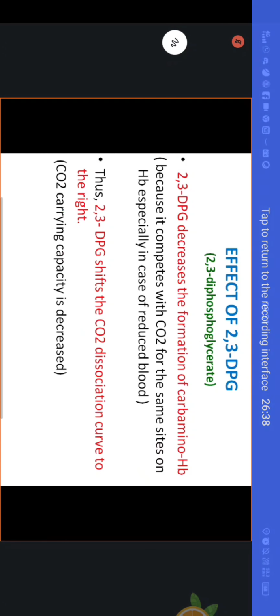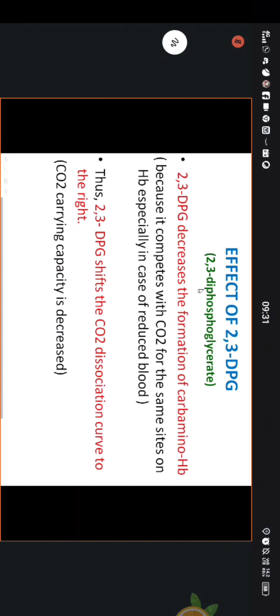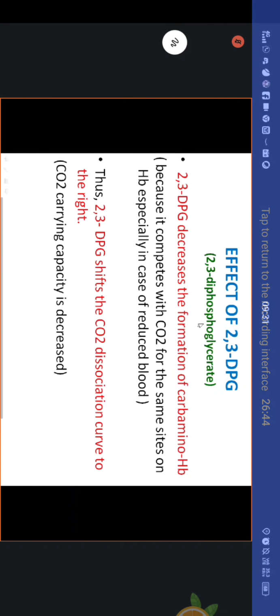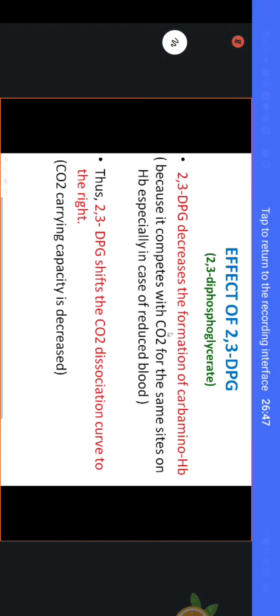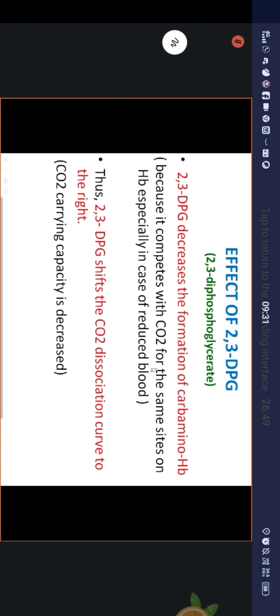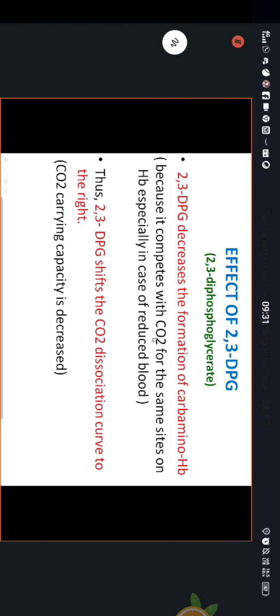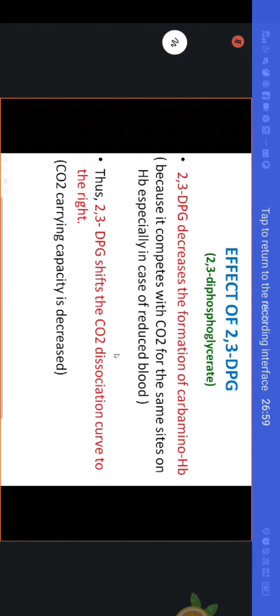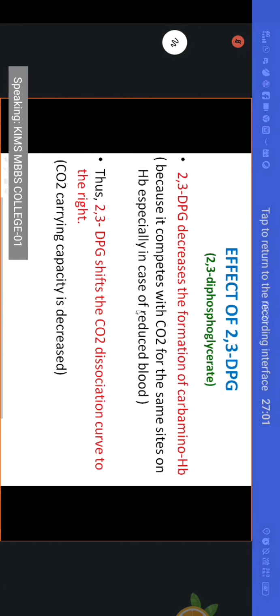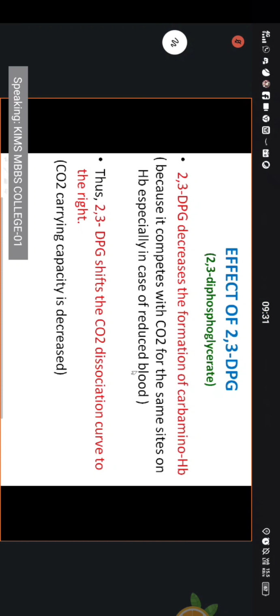So coming to the effect of 2,3-DPG. 2,3-DPG means, as I told earlier, 2,3-diphosphoglycerate. Usually it helps in glycolysis or glycolytic pathways. So what will happen? As I told earlier, it competes with CO2 for binding of hemoglobin, especially in the deoxygenated blood.